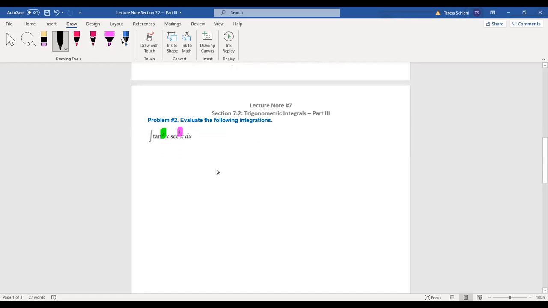So this is the example. That's why we did not do any example in the previous video, because we need to use the result from this one, how to integrate the tangent and the secant.